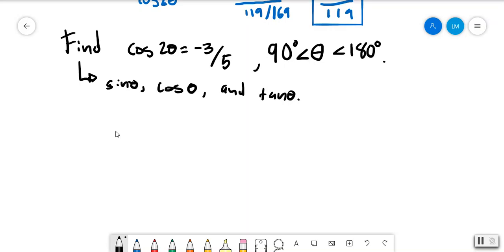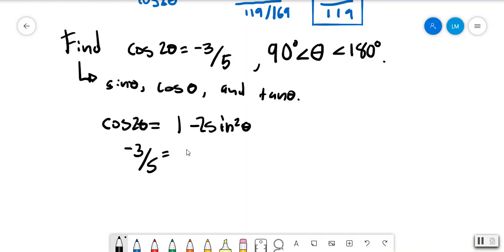Okay, so let's say that we go ahead and we use that cosine 2 theta equals 1 minus 2 sine squared theta. Okay, this is going to help us. So we have negative 3/5 equals 1 minus 2 sine squared theta.